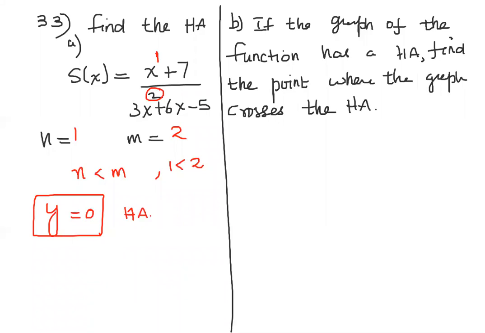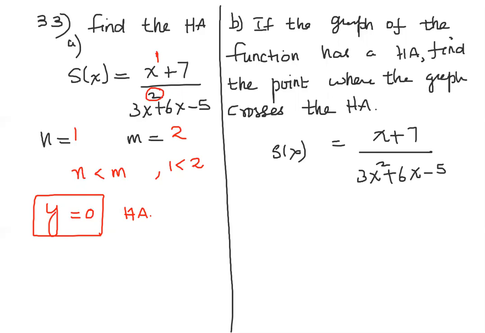Now, to find if the graph of the function crosses the horizontal asymptote, we have to set s of x, the function given, equal to the horizontal asymptote.